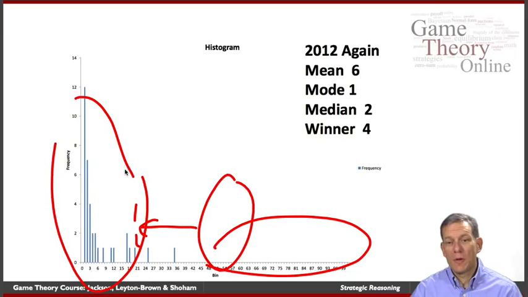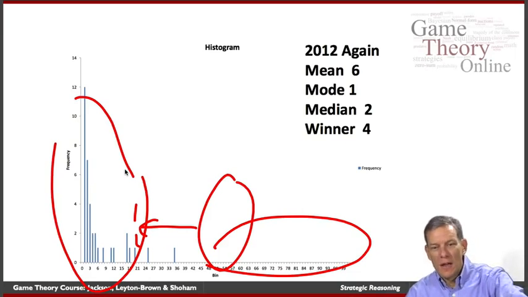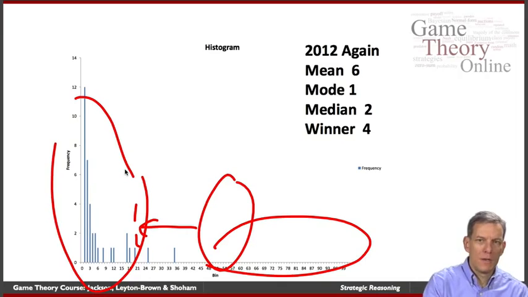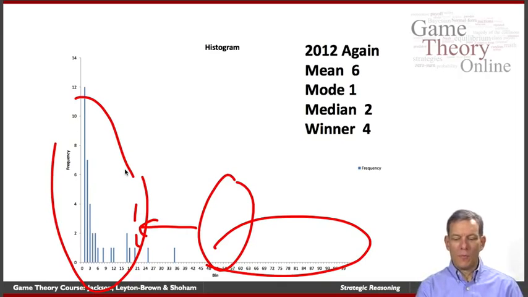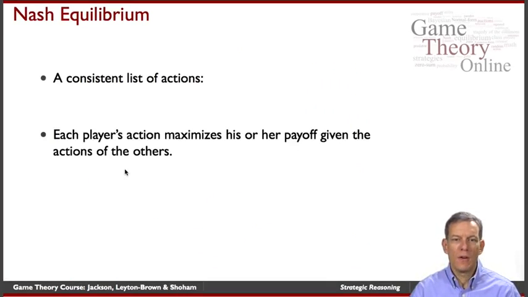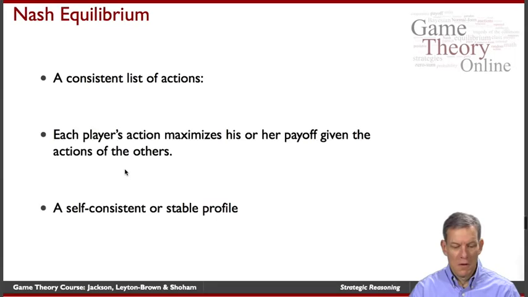So Nash equilibrium is a better predictor here from experienced players who have played this game, understood it, and are interacting with the same population. You can begin to see things unraveling and moving back towards all announcing 1. Okay, so Nash equilibrium, basic ideas: a consistent list of actions. Each player is maximizing his or her payoffs given the actions of the other players.